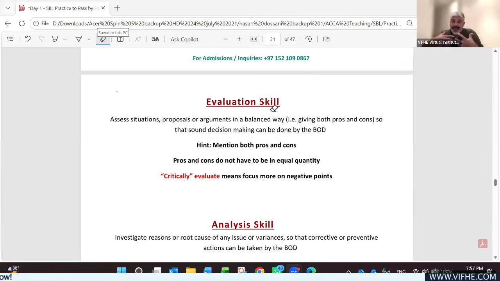When we are evaluating something, we look at all the angles: the plus points, the positive things, the advantages, plus the disadvantages, the negative side, the risks, the issues. Is that clear, guys?